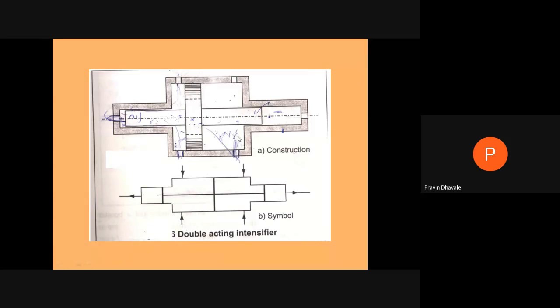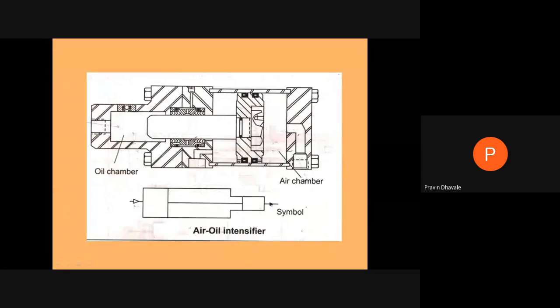This piston is symmetrical about the vertical axis, and it supplies constant pressure on either side of the piston to this outlet. This is the double acting intensifier.